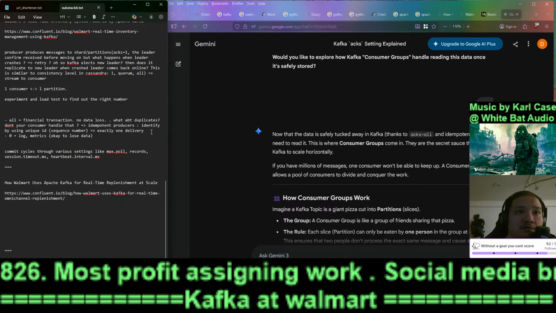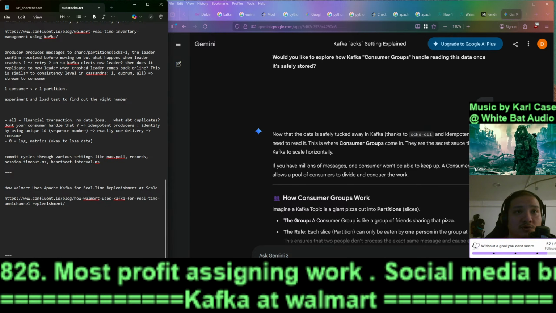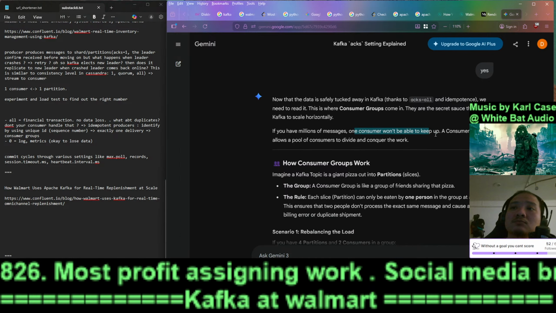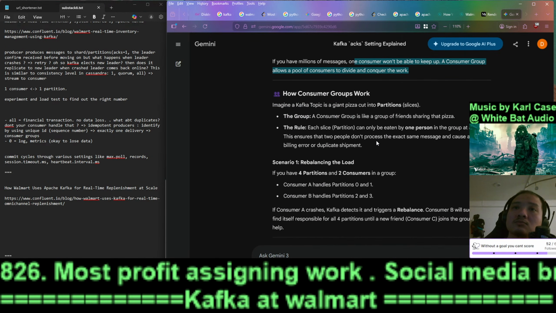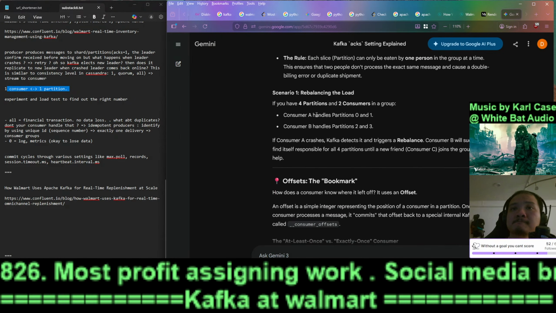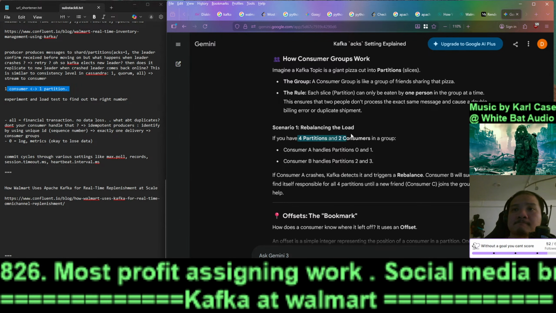Okay, so this goes to the consumer group. So this is basically one consumer, one partition here. Consumer A, okay.